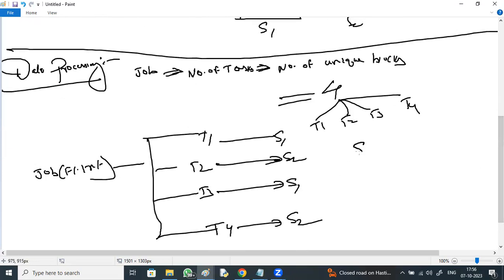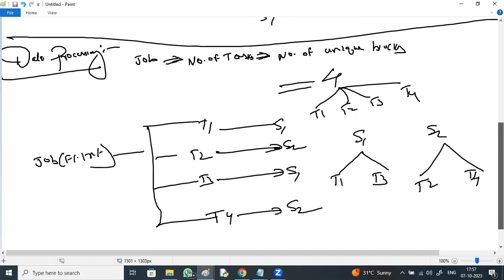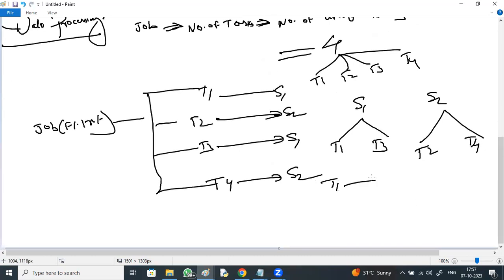So here S1 is there, S2 is there. S1 is executing T1 and T3.